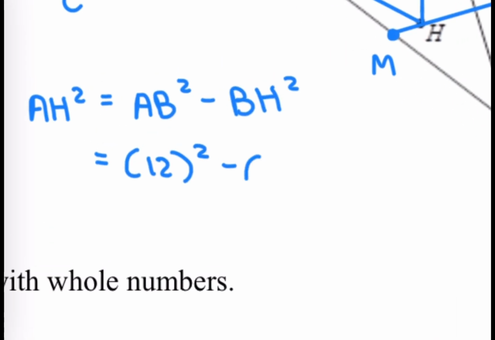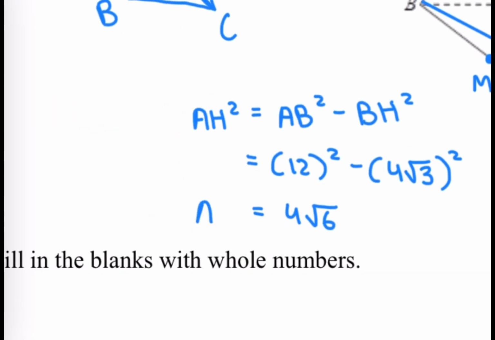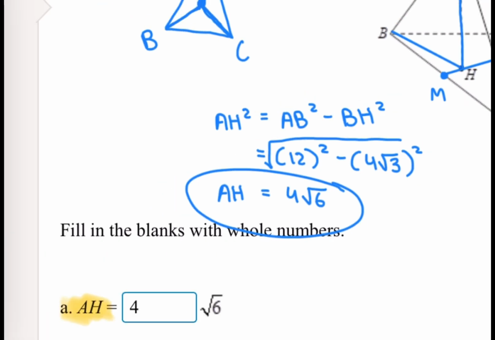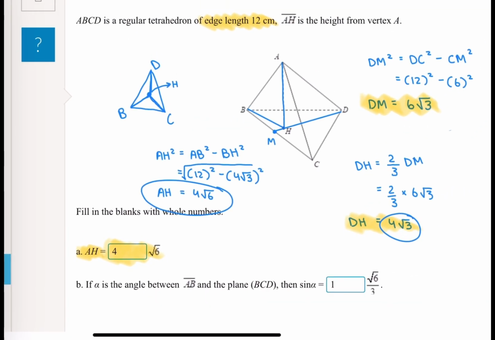So minus 4 radical 3 squared, which is 4 radical 6. AH is 4 radical 6. And you're going to put a radical here, by the way. So AH is 4 radical 6. So then that's your answer here. They already gave you the radical 6, so you just put a 4.